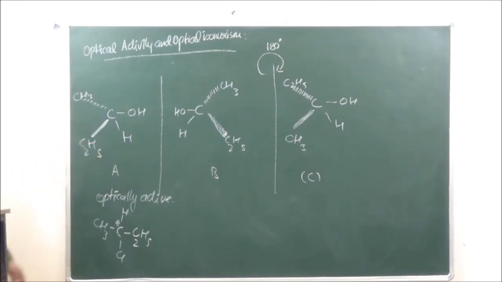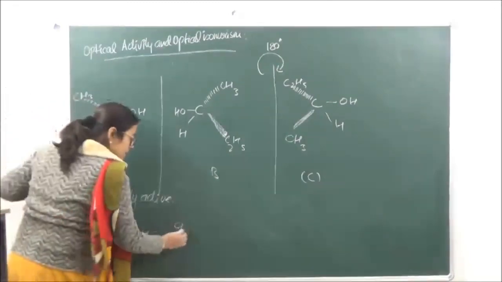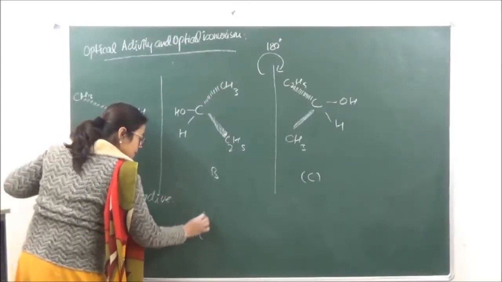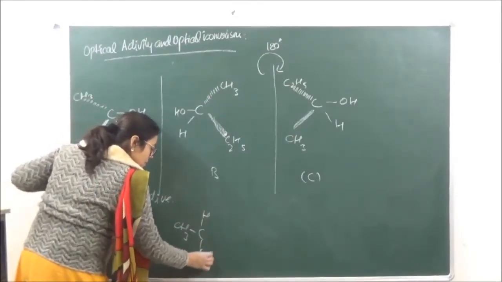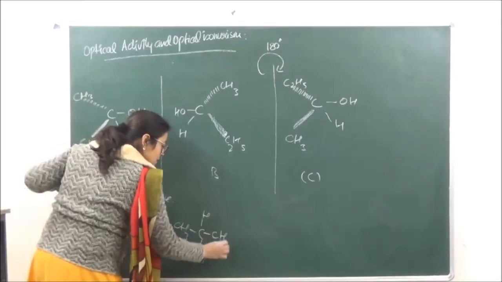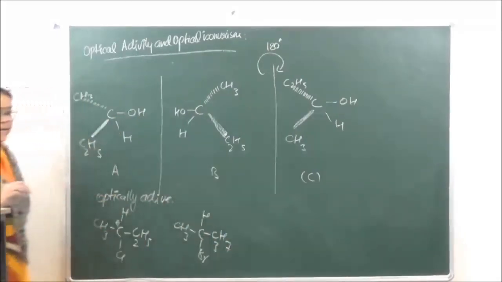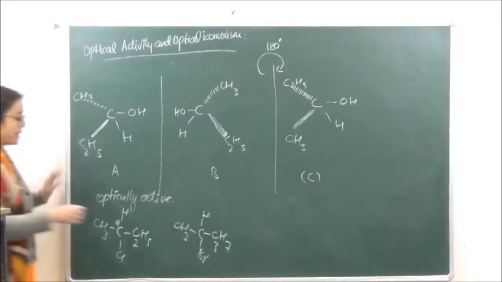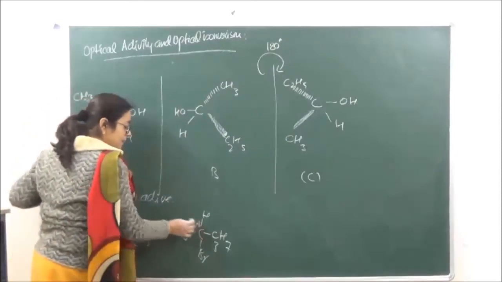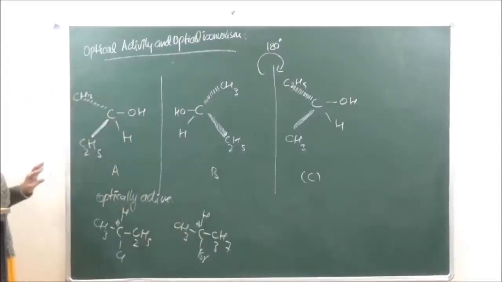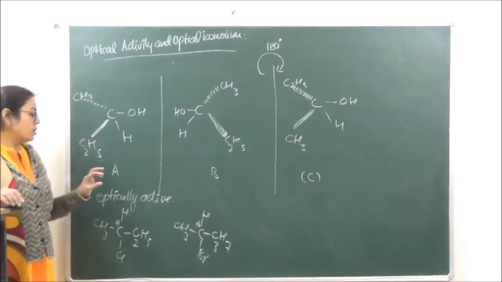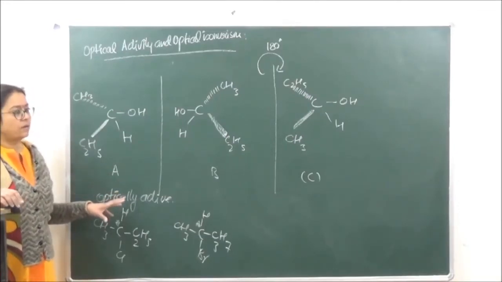We have 2-bromopentane. Right? This is going to be 2-bromopentane. Again, this is a chiral carbon atom. The chiral carbon atoms, they are generally depicted by a star.